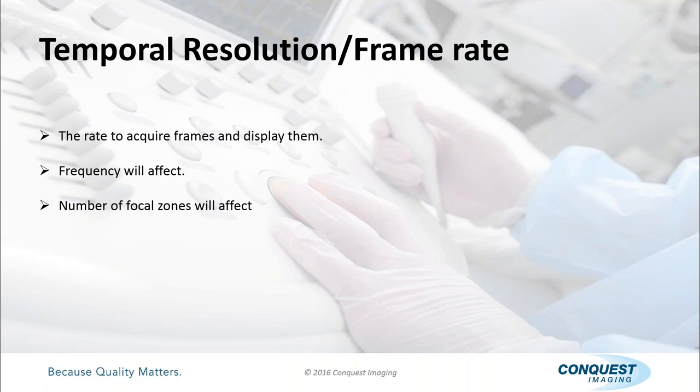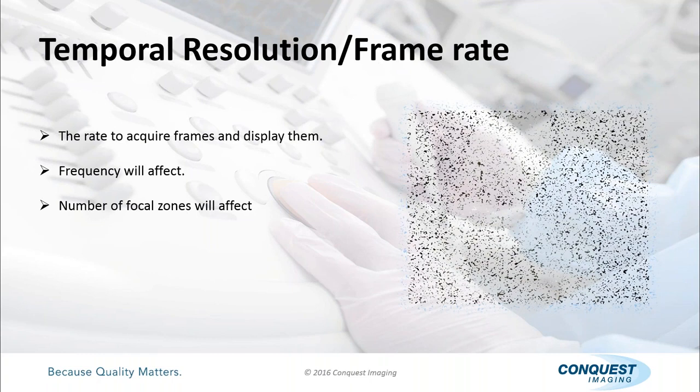So there is a sacrifice as you do this. So be aware if the system or the image seems a little choppy. Take a look at your frequency and take a look at the number of focal zones you have represented, and you can either increase or reduce those in an effort to improve the image.